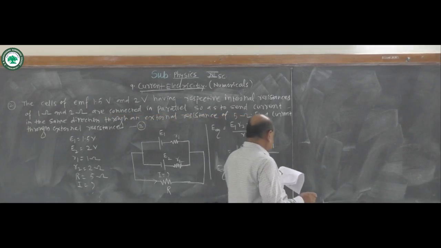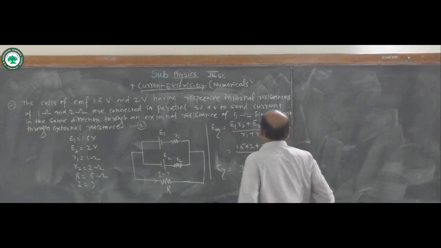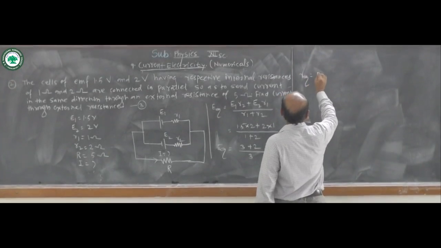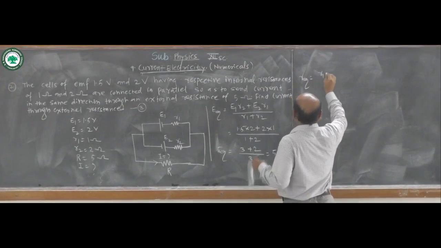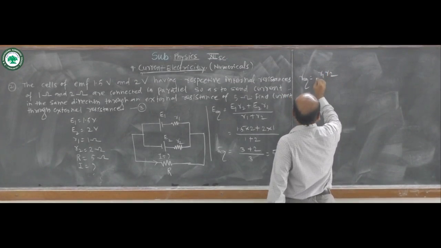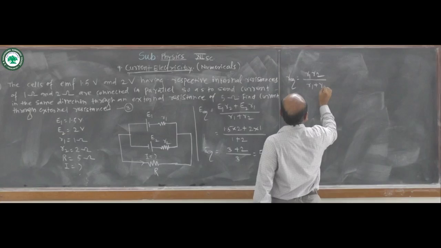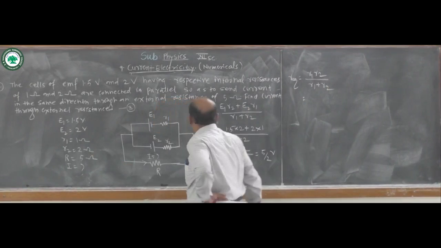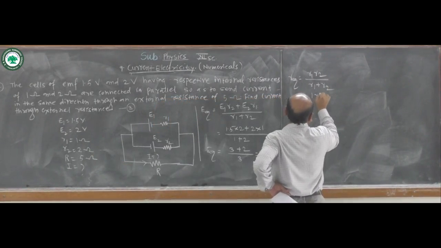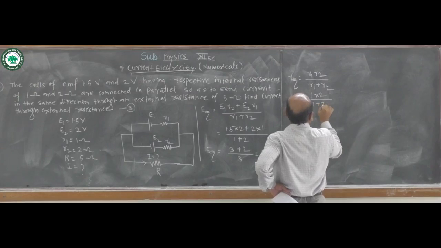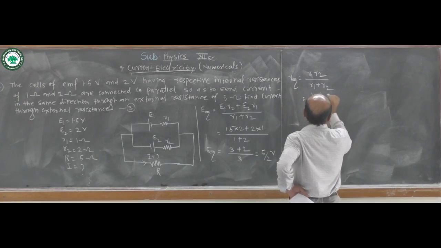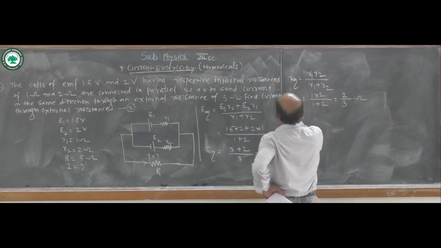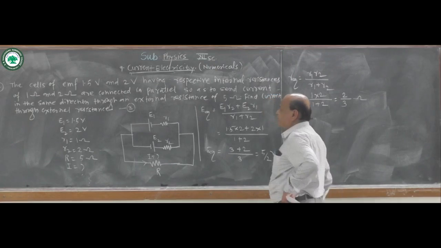Now we calculate the value of internal resistance, that is r equivalent. r equivalent is R1 R2 divided by R1 plus R2. R1 is 1, R2 is 2, that is 1 into 2 divided by 1 plus 2, which is equal to 2 divided by 3 ohm. This is the value of r equivalent.